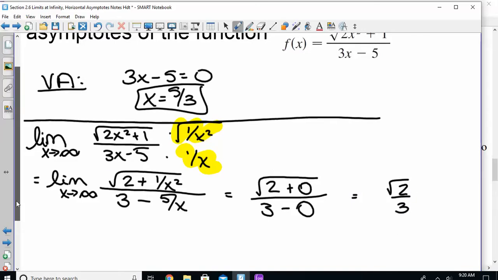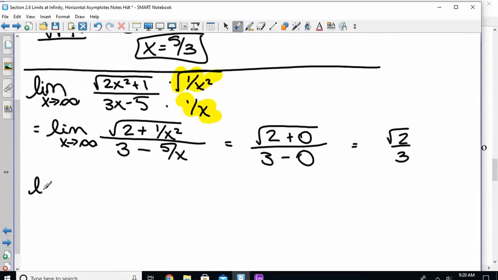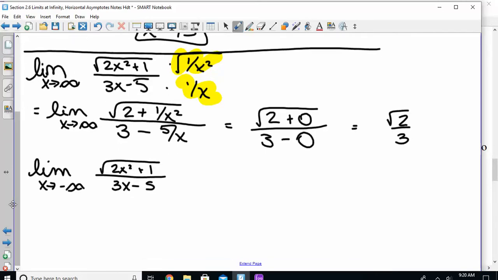Am I done? I need to do the limit as you approach negative infinity. Okay. I did this one as our first example intentionally. If I start out the same way as before, I actually have a slight problem.